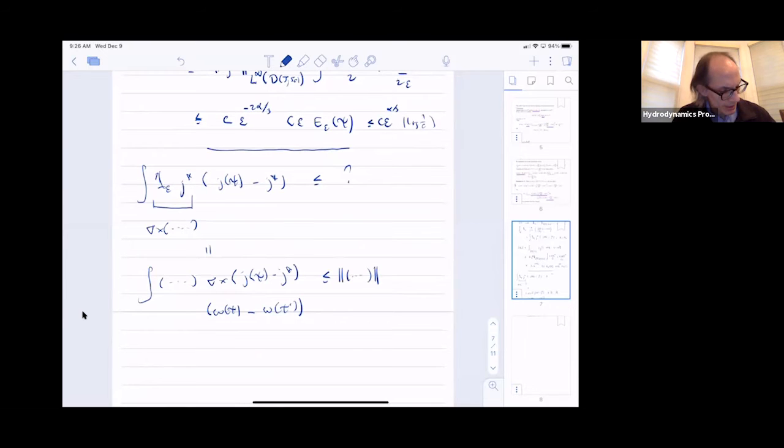It's really the, I believe it's the gradient. Okay, and this is going to be whatever this is, times a constant times epsilon to the alpha. Okay.